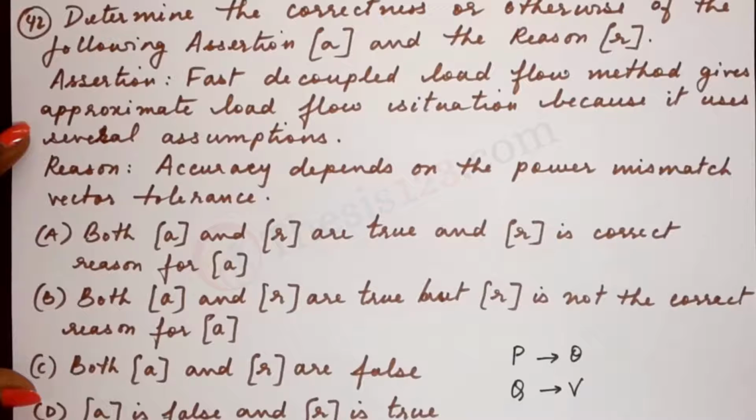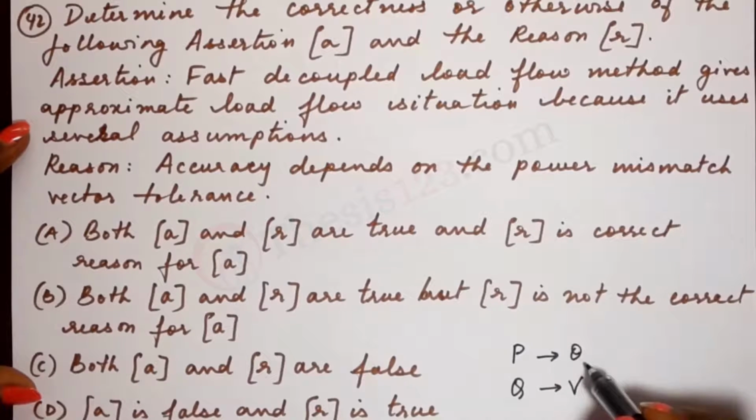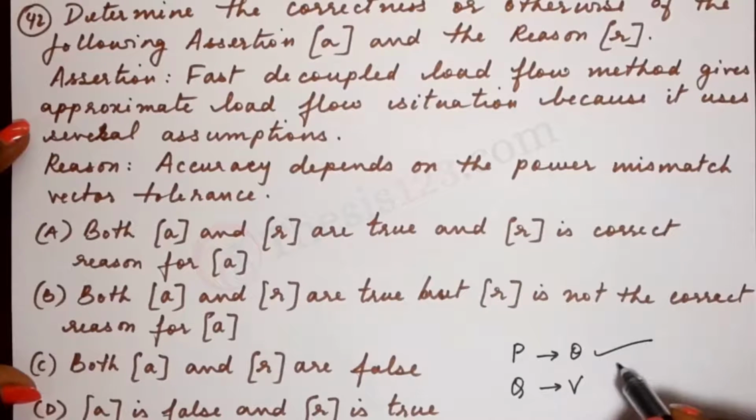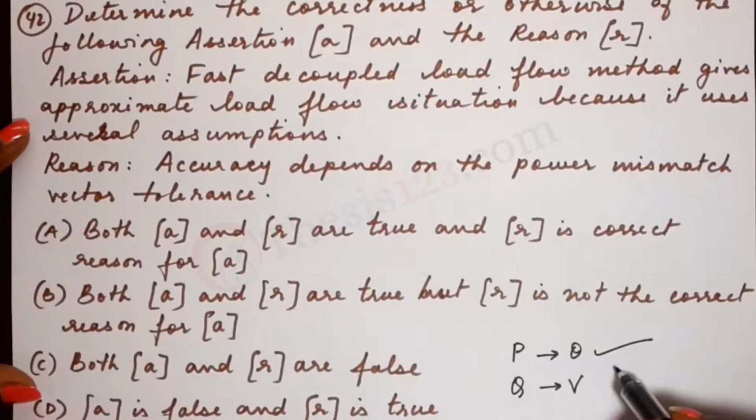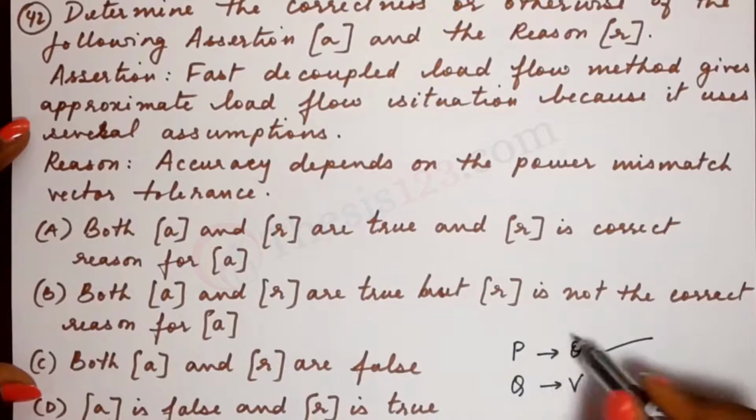So if these equations are linearized, the equations that we get are called fast decoupled load flow. So in the solution process, the results of the P theta equations are used in order to solve the QV equations, or vice versa.